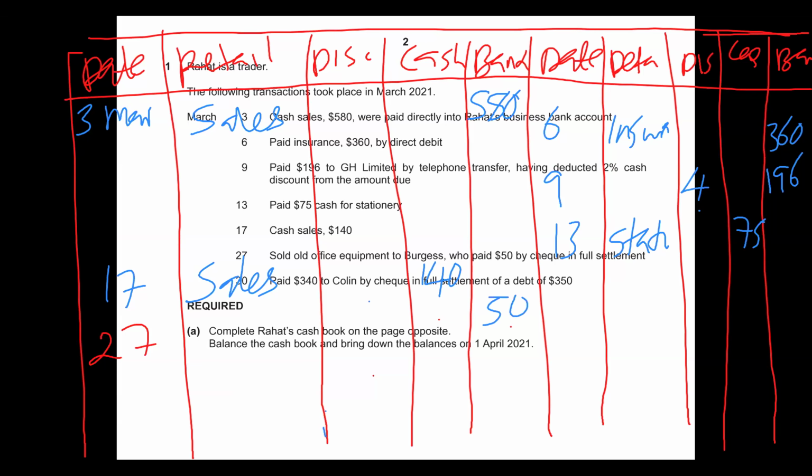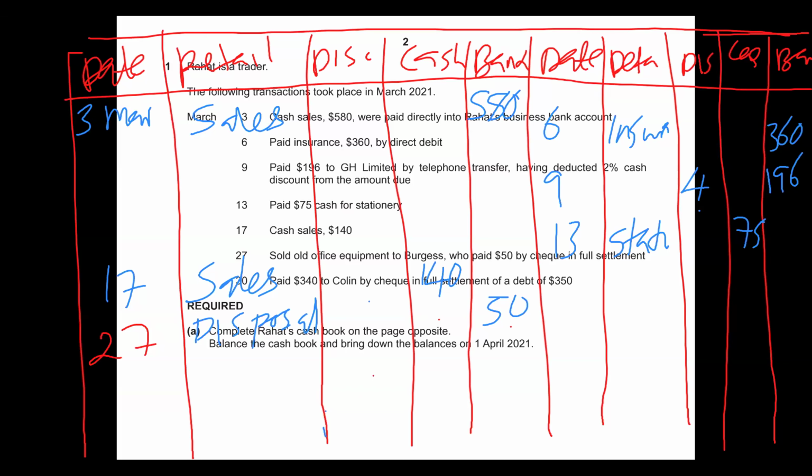What are we writing as details? Office equipment. Because we are selling the old office equipment, this is a disposal.